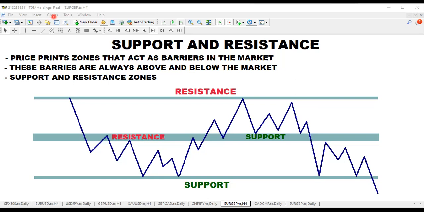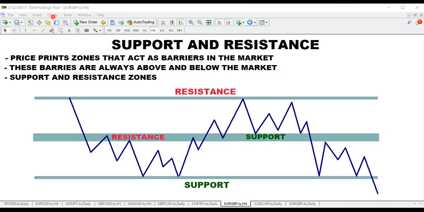Now, what is support and resistance? Effectively, price prints zones that act as barriers in the market, right? So as the market prints these prices, there are certain price levels or zones that the market cannot breach. And therefore, that zone, that price is acting as a barrier.